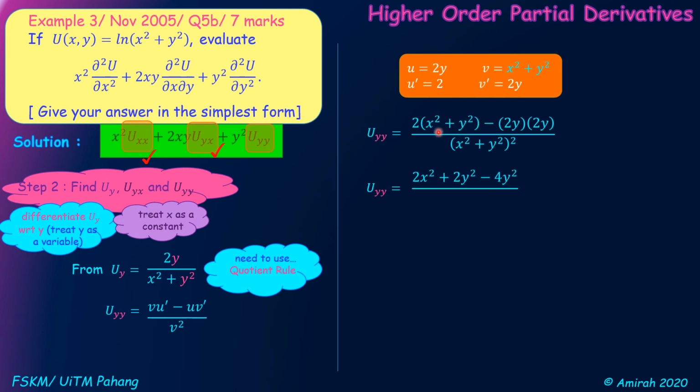So we get 2x squared plus 2y squared minus 4y squared over (x squared plus y squared) squared. And then from here, we can simplify. So we get uyy equals 2x squared minus 2y squared over (x squared plus y squared) squared. This is our uyy. So now we have found uyy. We have found uxx, uyx and uyy.